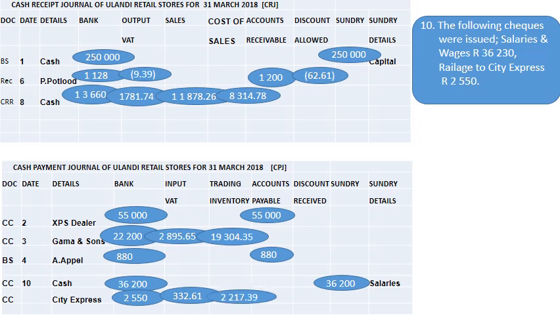Then we will deduct the input VAT from the bank, and then we will arrive at the trading inventory amount of 2,217 rand 39 cents.